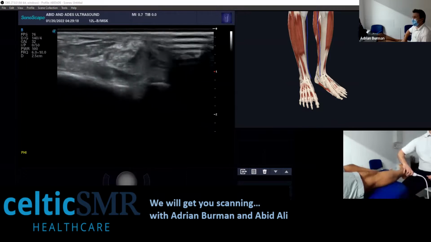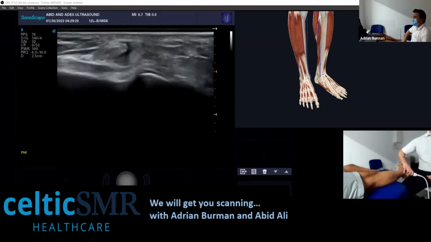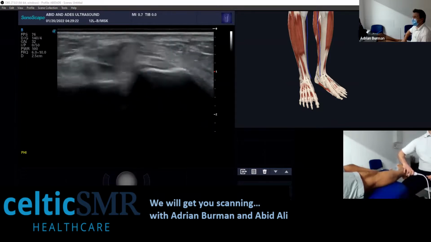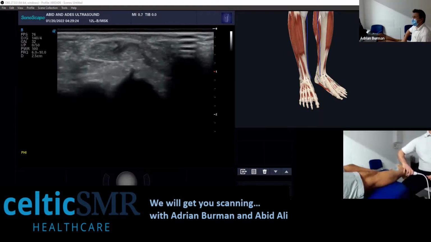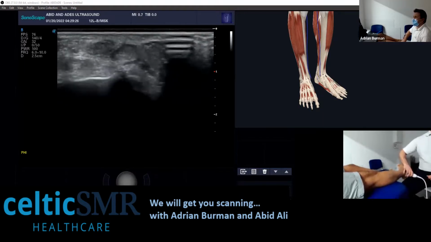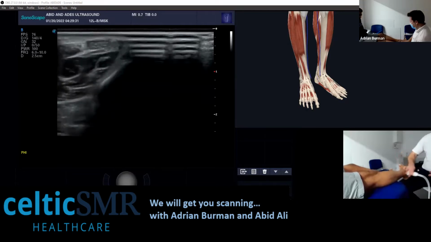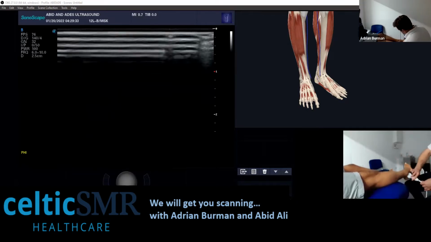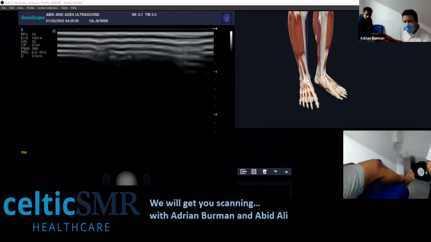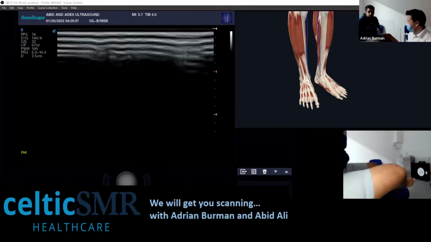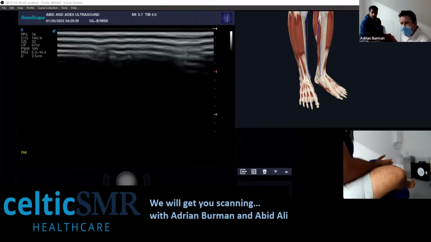See how that acts as a sling, like a trampoline. So there's lots of dynamic tests you can do just to aid your diagnosis and find out what's going on. Reproduce the clicks that you hear, things like that.